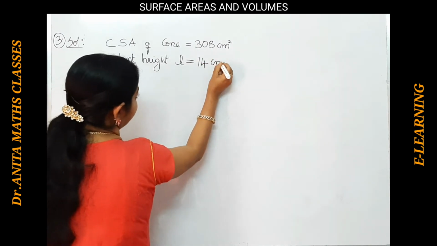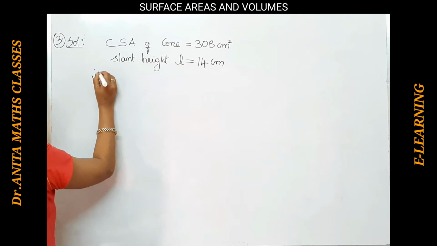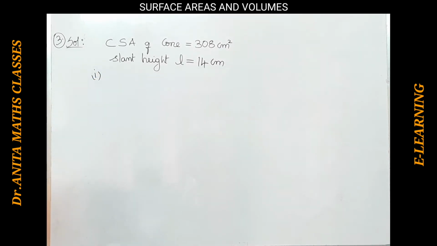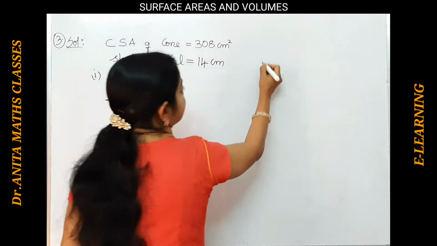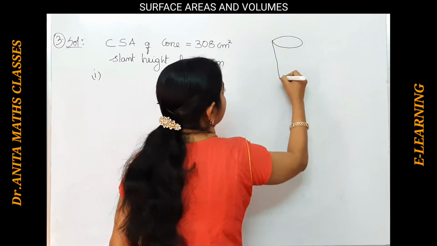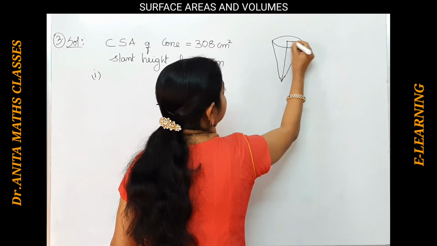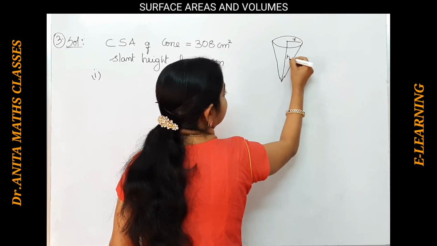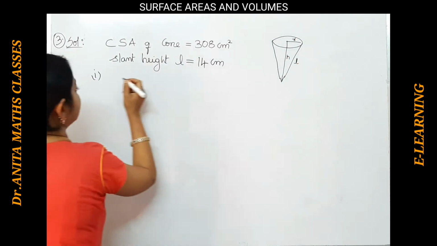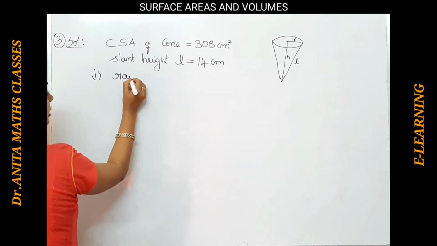We have two heights, h is the vertical height and l is the slant height. We need to find, first, the radius of the base of the cone. The base is a circle, isn't it? So let us draw the cone here with r, h and l. We have to find the radius.